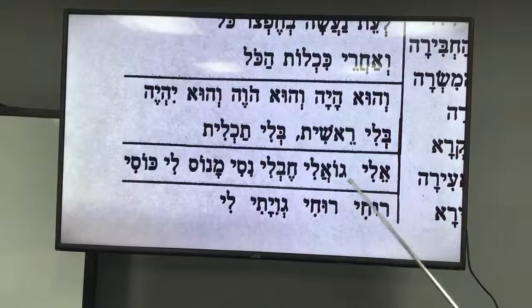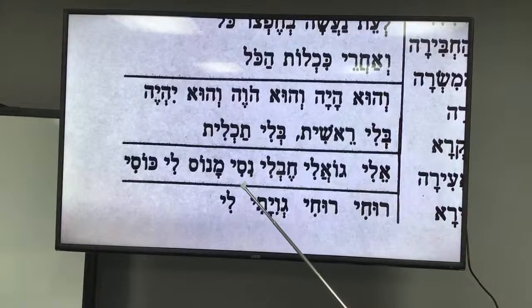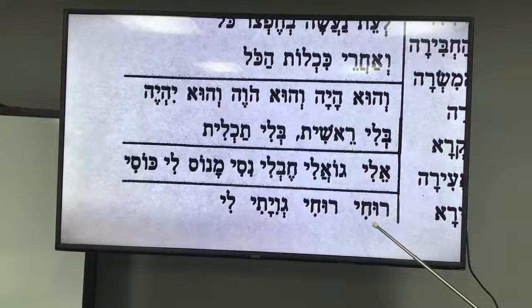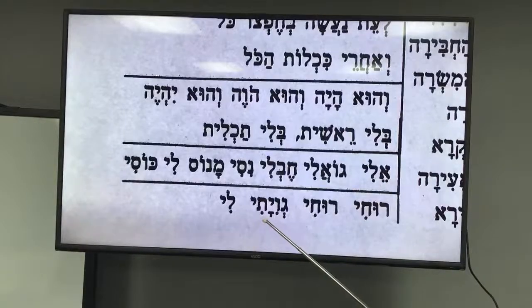Eli goali hevli nisi manos li kosi. Excellent. Ruhi ruhi geviati li. Ruhi ruhi geviati li.